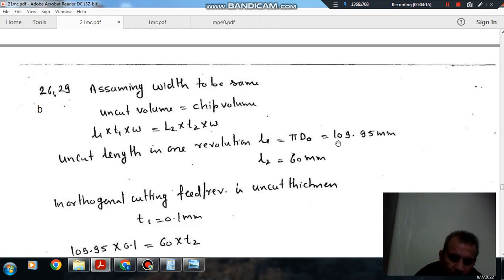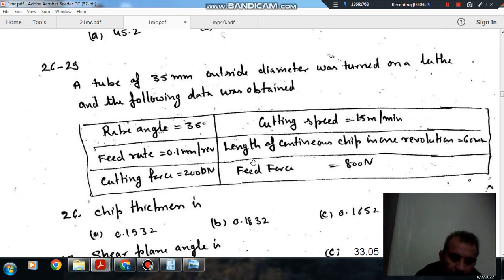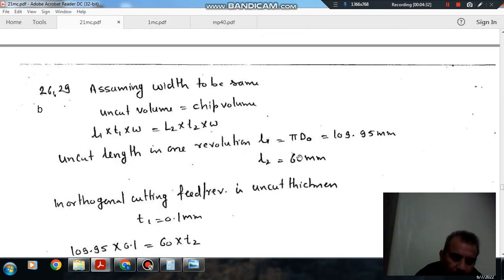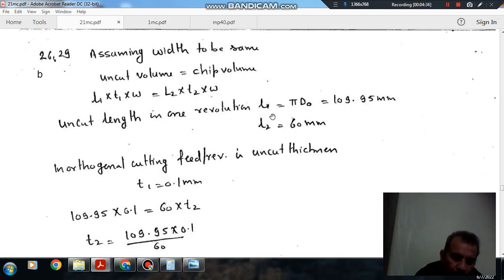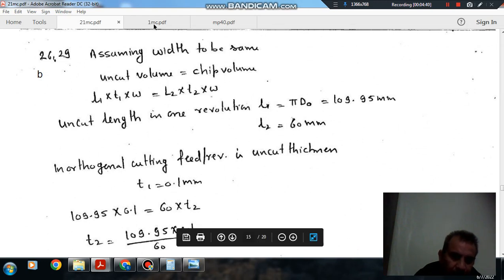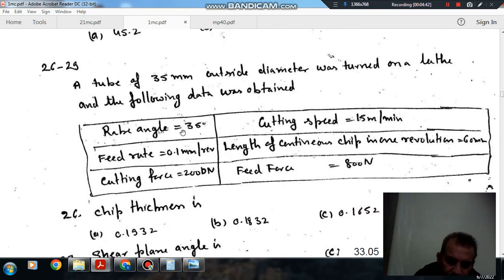So from this we have the uncut length as 109.595 mm, and the length of continuous chip is given as 60 mm. So from this L1 and L2 are known, and T1, the uncut chip thickness, is also needed.